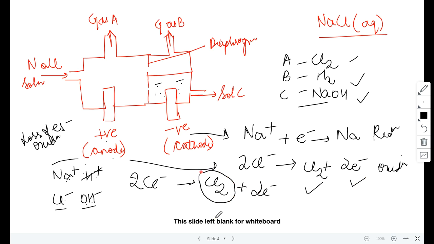Then you get to know that chlorine is being discharged. Clear? So let's do 2 more questions. I hope the steps are clear to you.